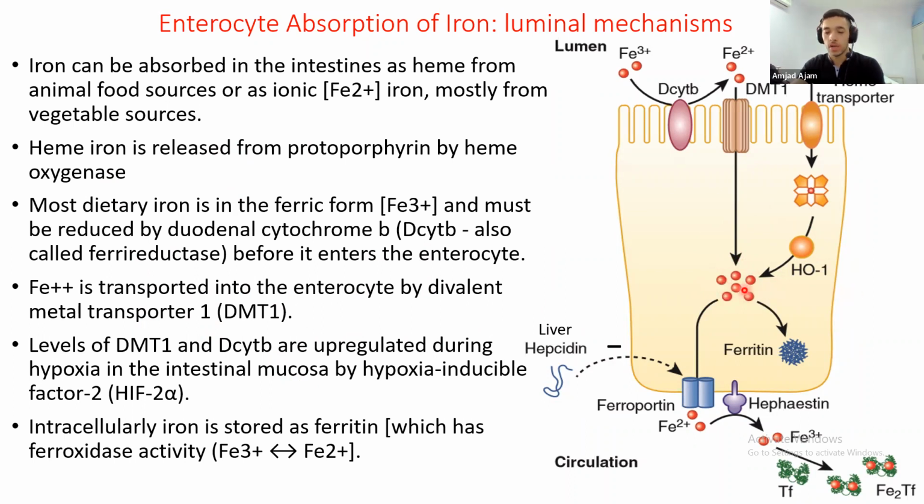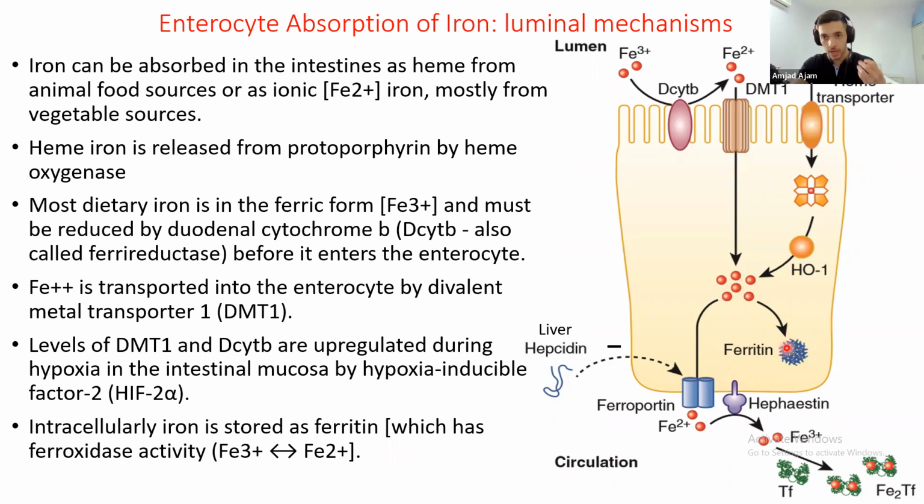Then what will happen with this ferrous iron? It's either going to be stored in the enterocyte in the form of ferritin, by the enzyme ferroxidase. It will convert this Fe2+ into Fe3+ in order to be stored as ferritin.